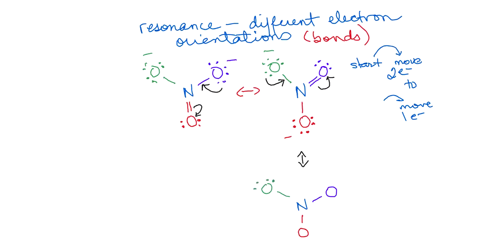And I took this lone pair right here and I moved it to be the bond between the oxygen and the nitrogen. On this oxygen, I took this lone pair and moved it back up. So these lone pairs I didn't touch, but I have a lone pair that came from this bond. And my red oxygen, I just copied in place because I didn't do anything with it this time.